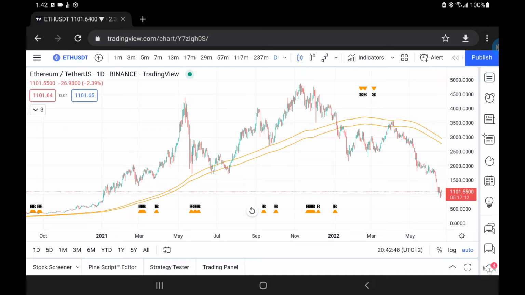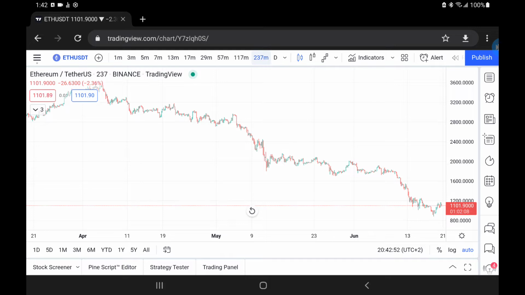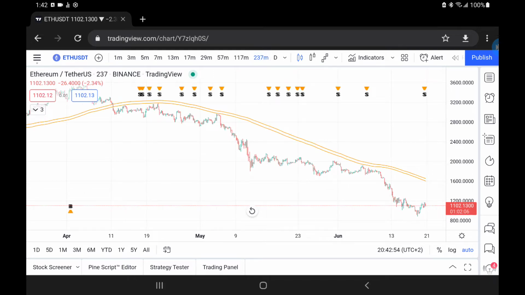So let's look at a lower time frame and get a closer look at the downtrend itself. Now, there are geopolitical issues that have taken place, but those are beyond the scope of this discussion.